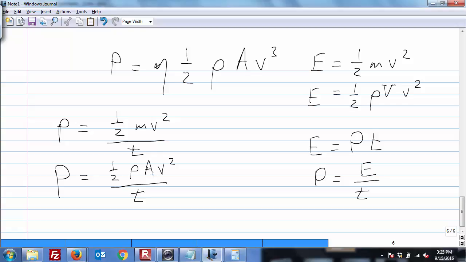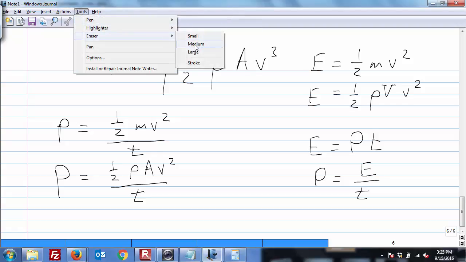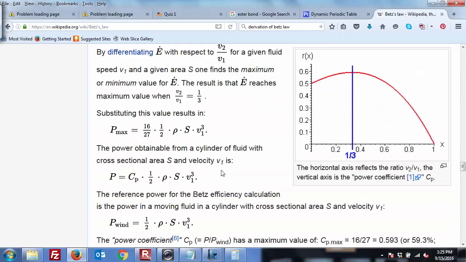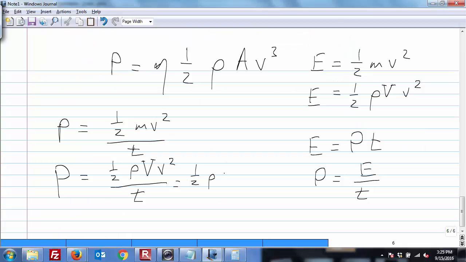Really, all that's happened here is, oh sorry, hang on, I'm going to typo. Density times volume, there we go. I converted mass to density times volume. From there, it's just a matter of taking that volume, so 1/2 density area, which in this case the authors of the website have written as S, times length.